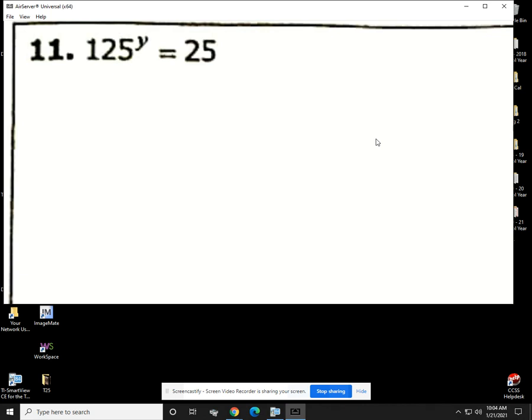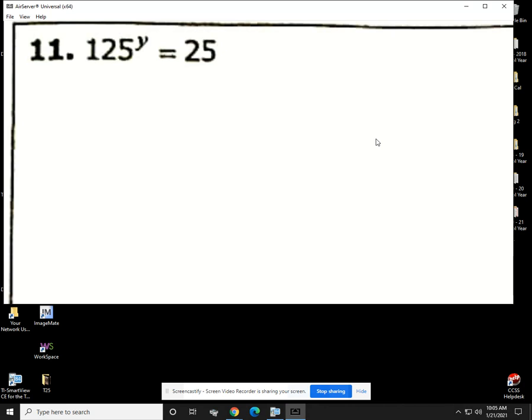Yep, because what's 5 times 5? So 5 squared is 25. But what's 25 times 5? So 5 cubed is 125. So we have to sometimes back both of the numbers down to different bases.